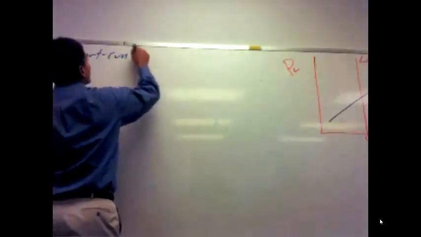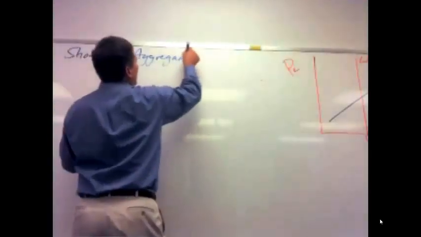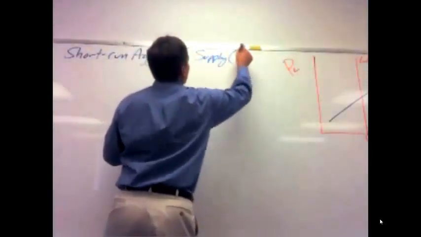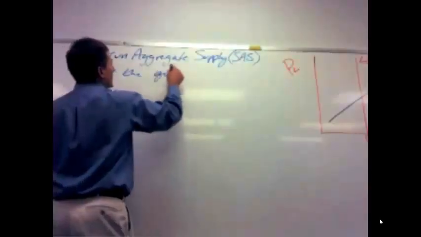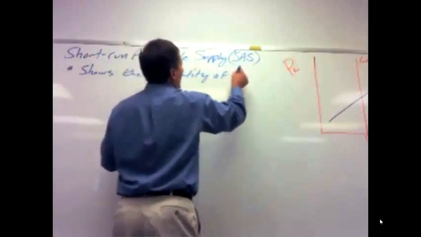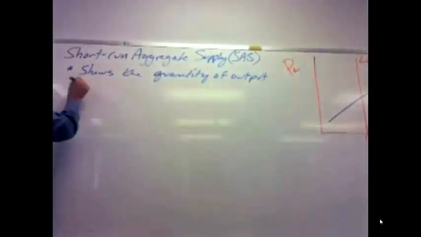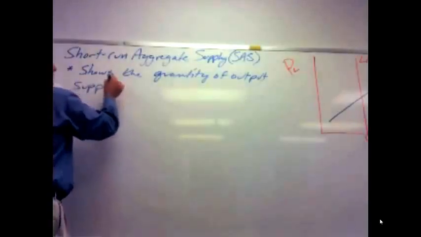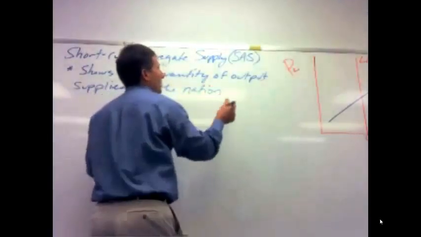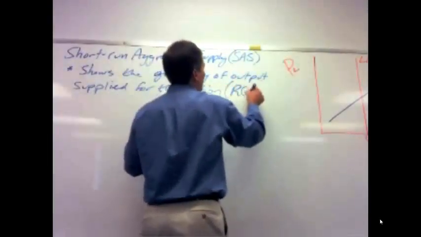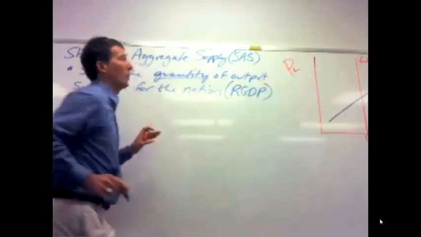Short run aggregate supply shows the quantity of output supplied for the nation or the economy, which is real GDP. I just want to highlight quantity.